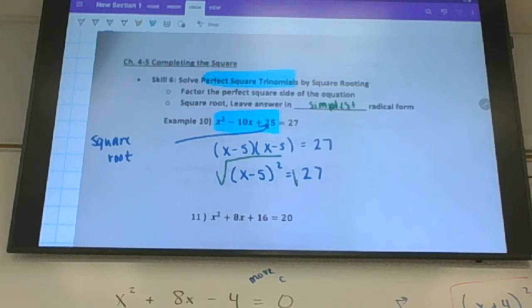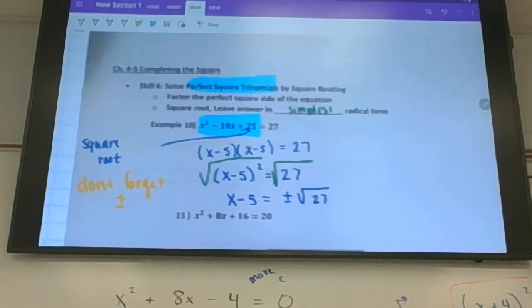Square root sign, square root sign. This square root sign clears the exponent and the parentheses. X minus 5 is plus or minus the square root of 27. Maybe make yourself a little note: don't forget the plus or minus sign.